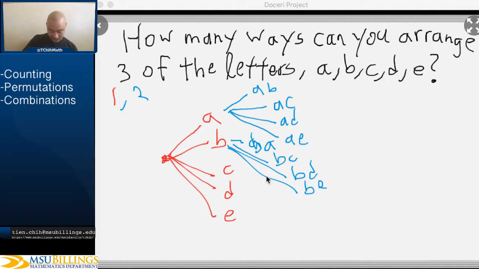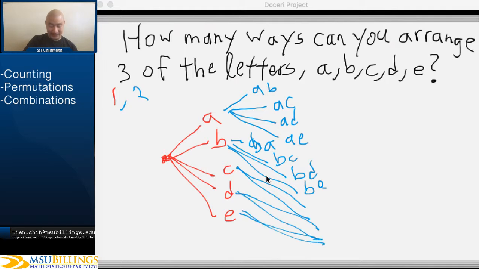There's not enough space or time to go through them all, but do we all see then that each one of these letters here branches off to four choices in the second row here?